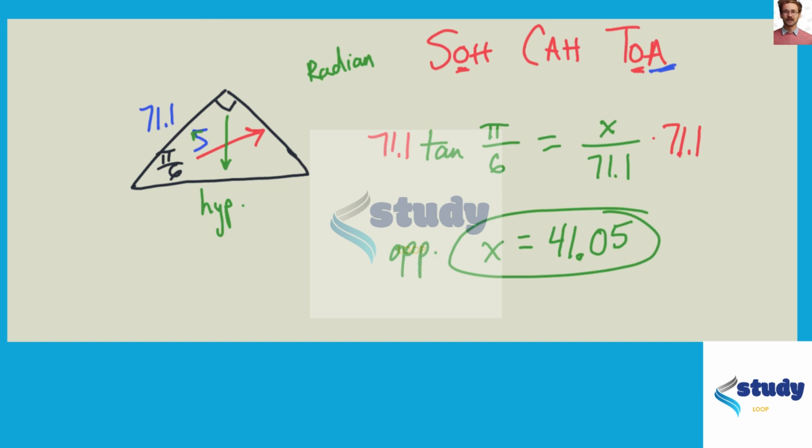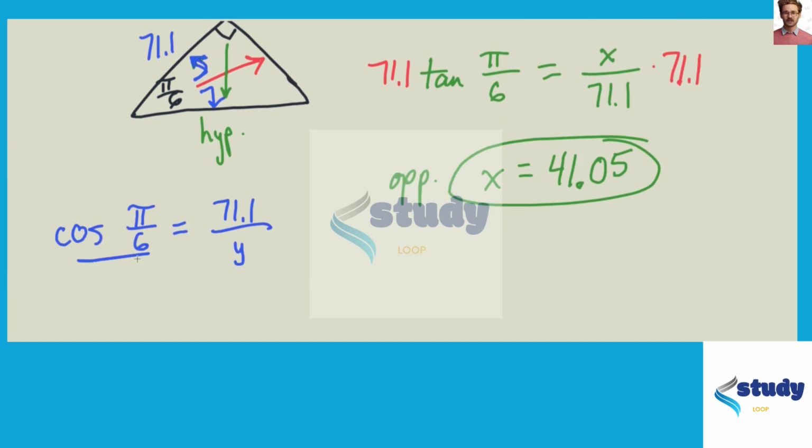So what I would do, this is just a me thing, is because I know the adjacent and I want the hypotenuse, I would go with cosine to find that one. So cosine of pi over 6 again is equal to adjacent over the hypotenuse, which I'll call y. And at this point, like I said, I like to cross multiply. So if you cross multiply and divide, like I know some students will just do 71.1 times 1, which is kind of silly, but that's what they still do, divided by cosine of pi over 6.